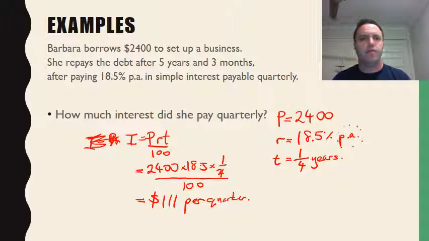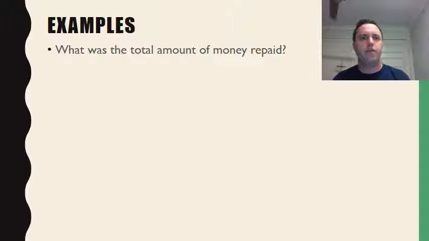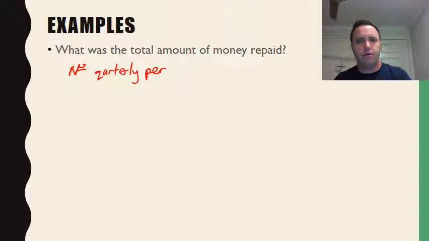Okay, right. Now we'll think about what is the total amount of money which Barbara repaid. So let's think first, what is the number of quarterly periods which went by? Okay, so she's got 5 years and 3 months.